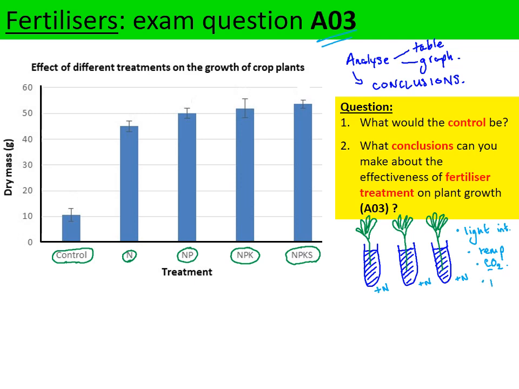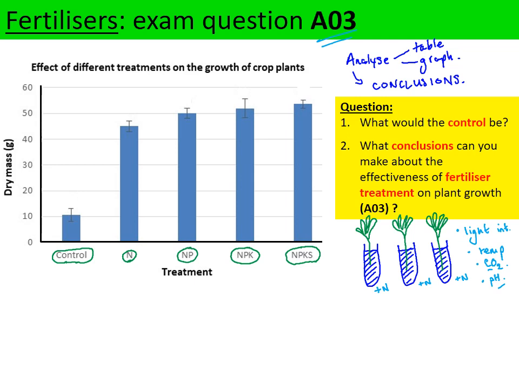We're also going to keep the pH of the solution the same for each of the solutions that we're going to use. So the only thing that we're going to change is the nature of the treatment, so the addition of fertilizer. And there's 4 different fertilizers. One will just have nitrogen, one will have nitrogen and phosphorus, one will have nitrogen, phosphorus and potassium, and the last one will have nitrogen, phosphorus, potassium and sulfur added to it.